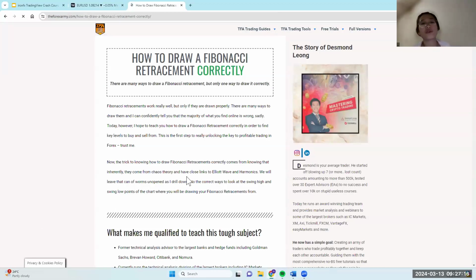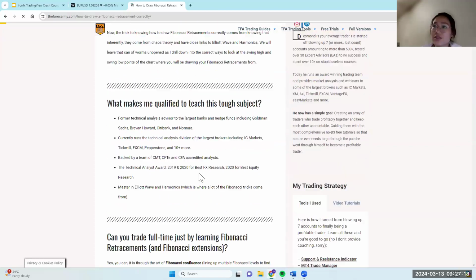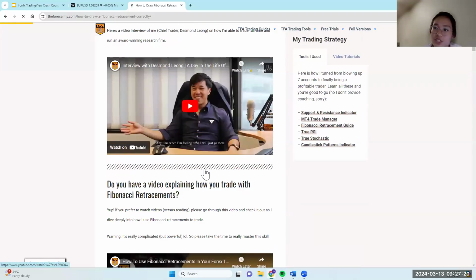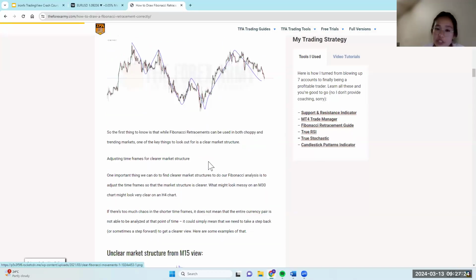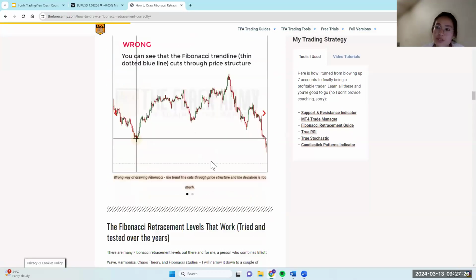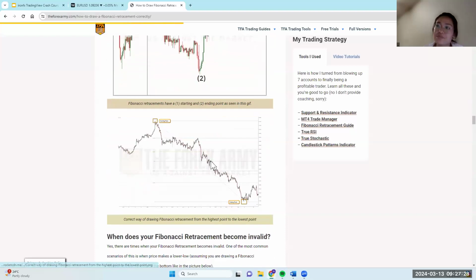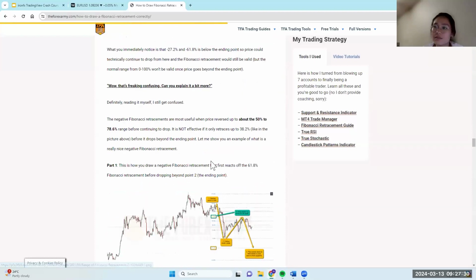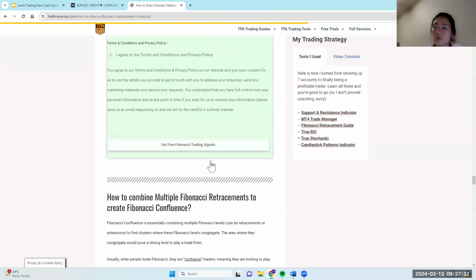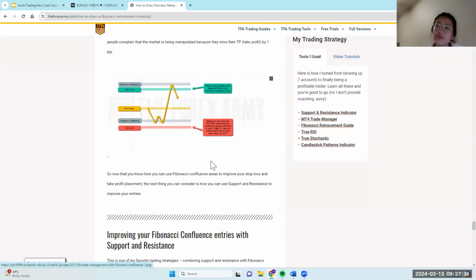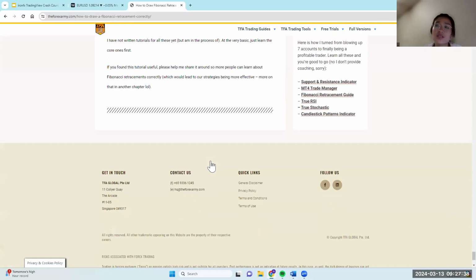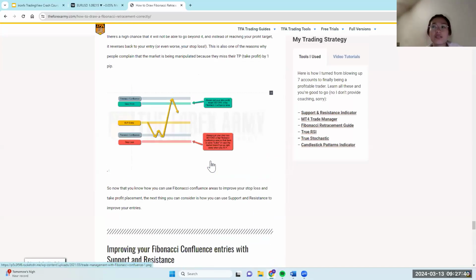So you can go into forexarmy.com and it will give you the different types of Fibonacci techniques. So the one that I mentioned earlier was a projection, and we use the Fibonacci extension tool. Okay, so yeah, it gives you all of the basics for your Fibonacci techniques.